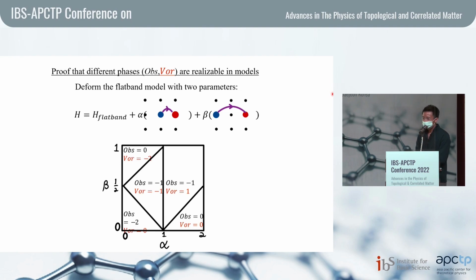You see here the phase diagram. When alpha and beta are 0, this is the flat band limit. But you can see that you can essentially get anything just with these 2 hoppings.